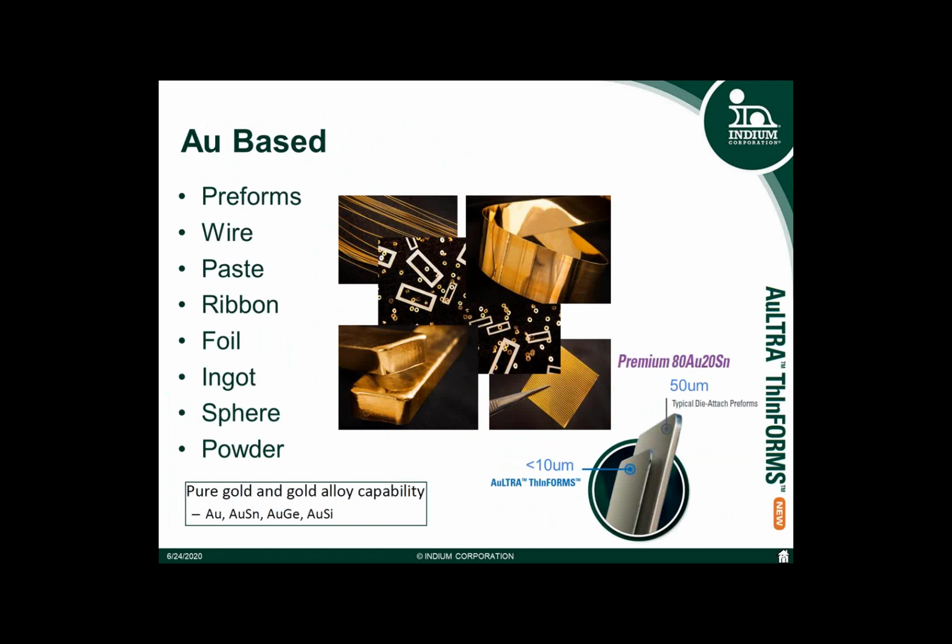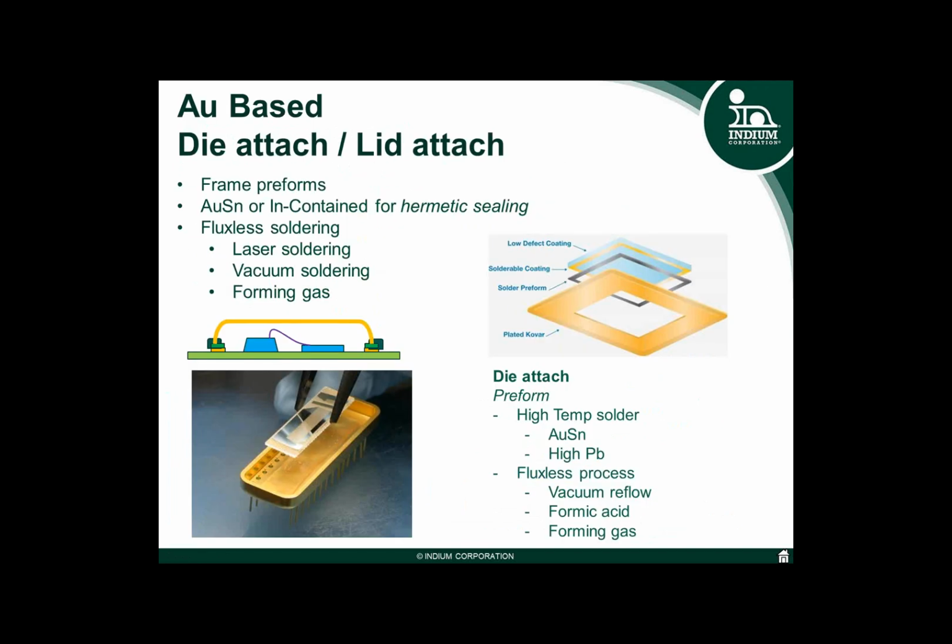With the gold-based alloys, these are available in all the forms that we mentioned before, from a solid wire, even a solder paste, but we can also make them into the preforms that are used for sealing devices, packages that were shown in the presentation before.